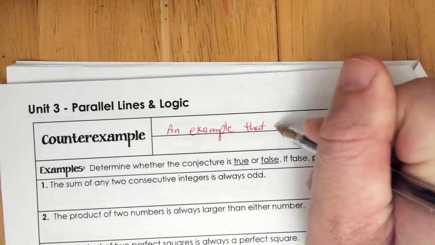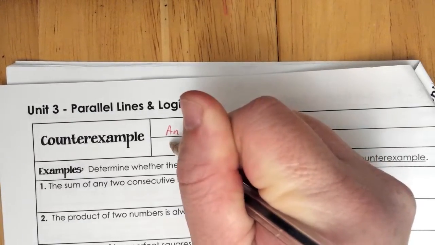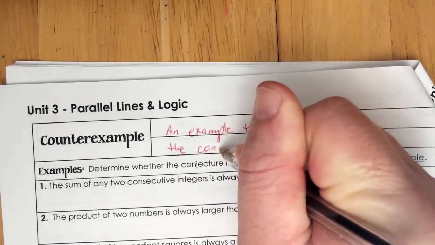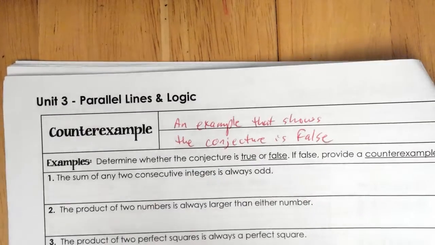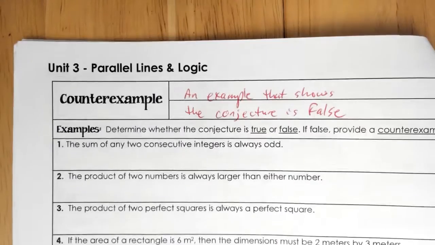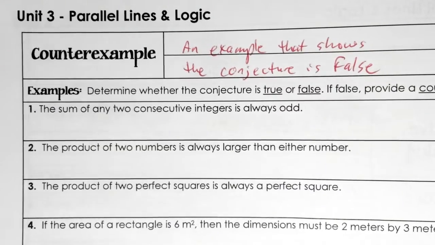So basically, if I say every student in the classroom is wearing red, all I have to do is find one kid who's not wearing red, or George is wearing green. Boom, George is my counterexample. That's it. It doesn't matter that there's a ton of kids who are wearing a different color. All I need is one person, one object that is disproving this.